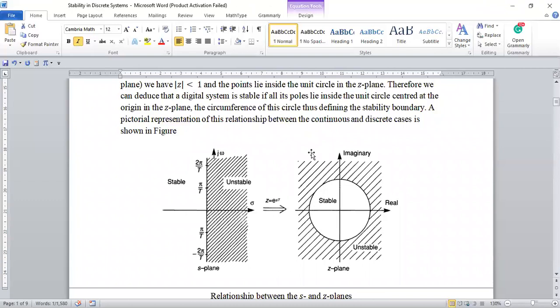Then for all regions that lie outside this unit circle, we say that the system is unstable. So that's the relationship between stability in the S-plane and stability in the Z-plane. For stability in the S-plane, you have this line.